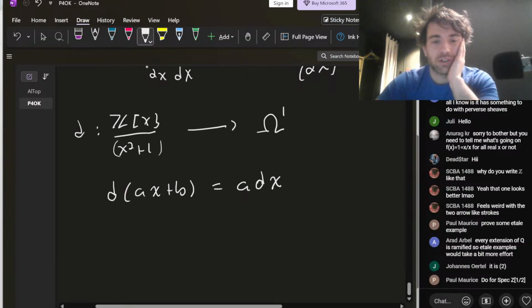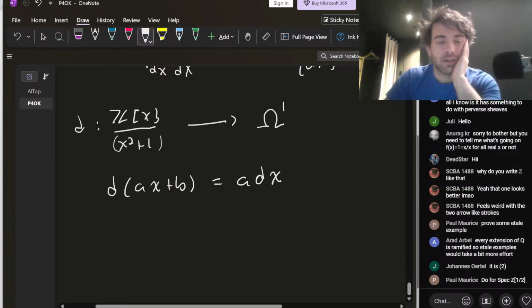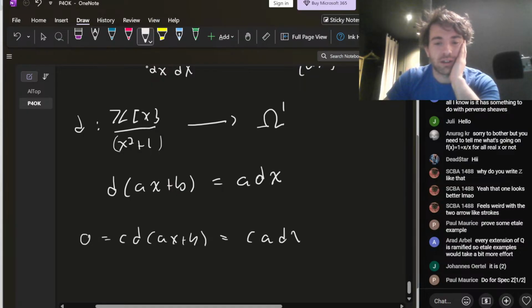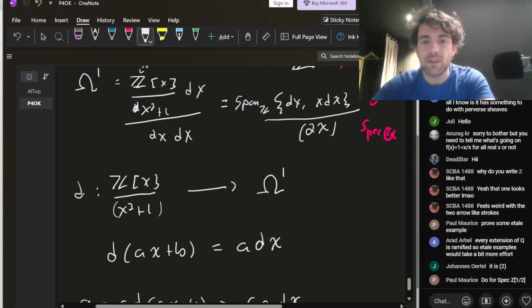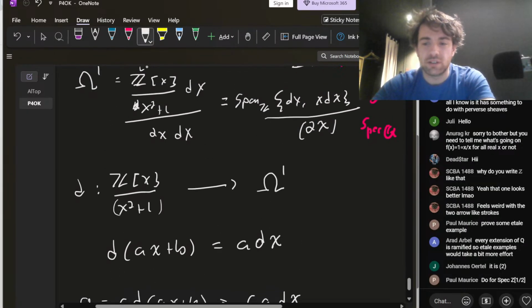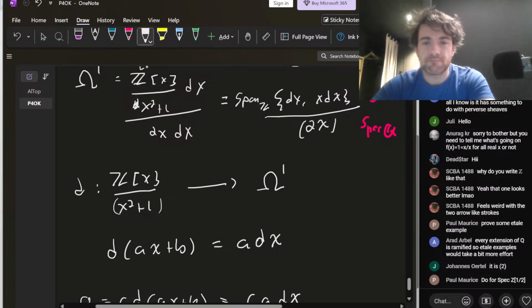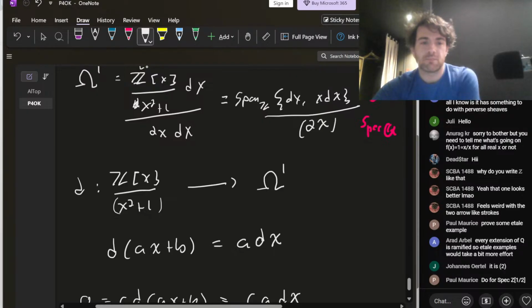That makes sense. And then the annihilator is basically going to be all, let's call it c, so that 0 equals c d(ax plus b), which will be c a dx. And so it should just be 2.